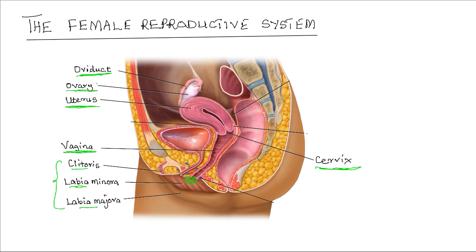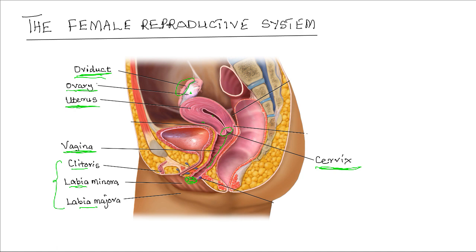So these are the components of the female reproductive system. The two oviducts, that is the fallopian tubes, the ovaries, the uterus, the vagina. Now, between the uterus and the vagina, there is a narrow neck or opening known as the cervix.